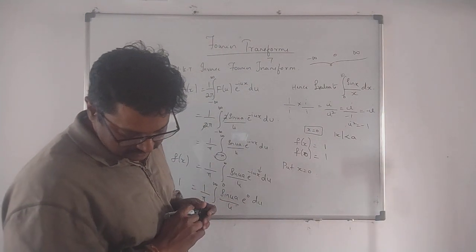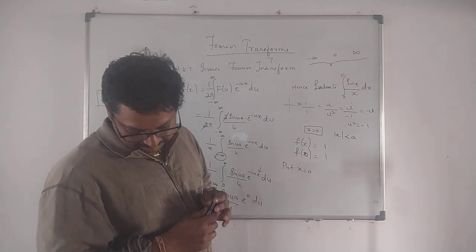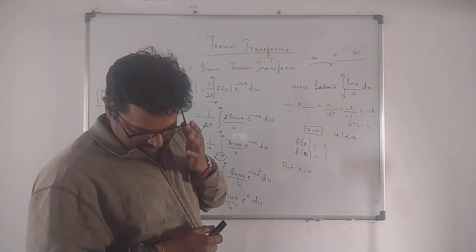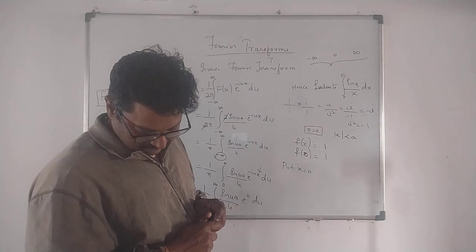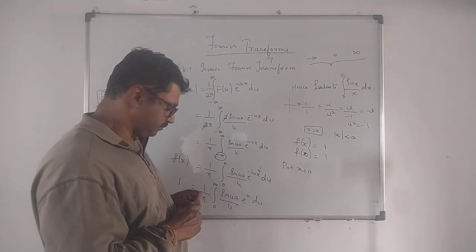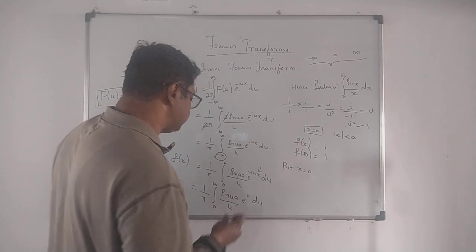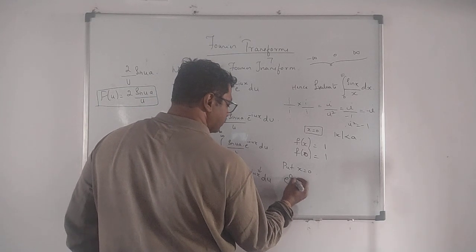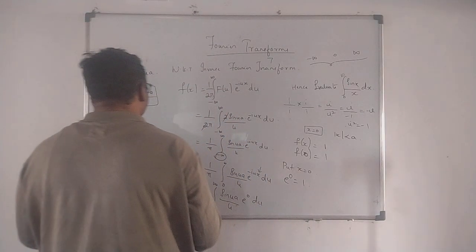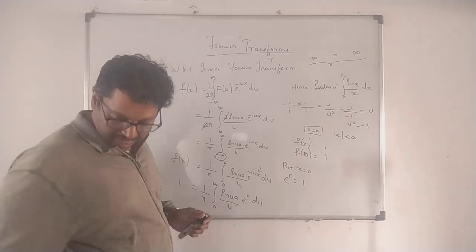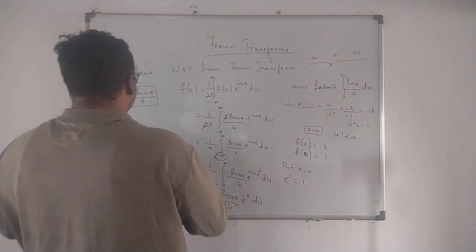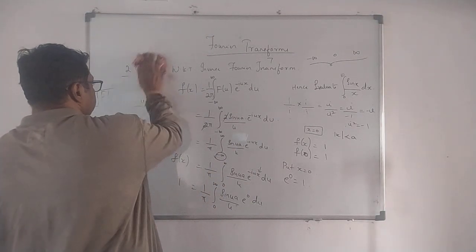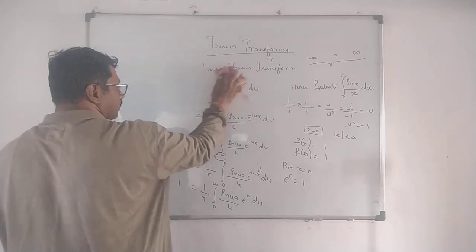So take down this. Since e to the power of 0, any number raised to the power of 0, is 1, we will do this. Okay? So after this, we will do the next step.